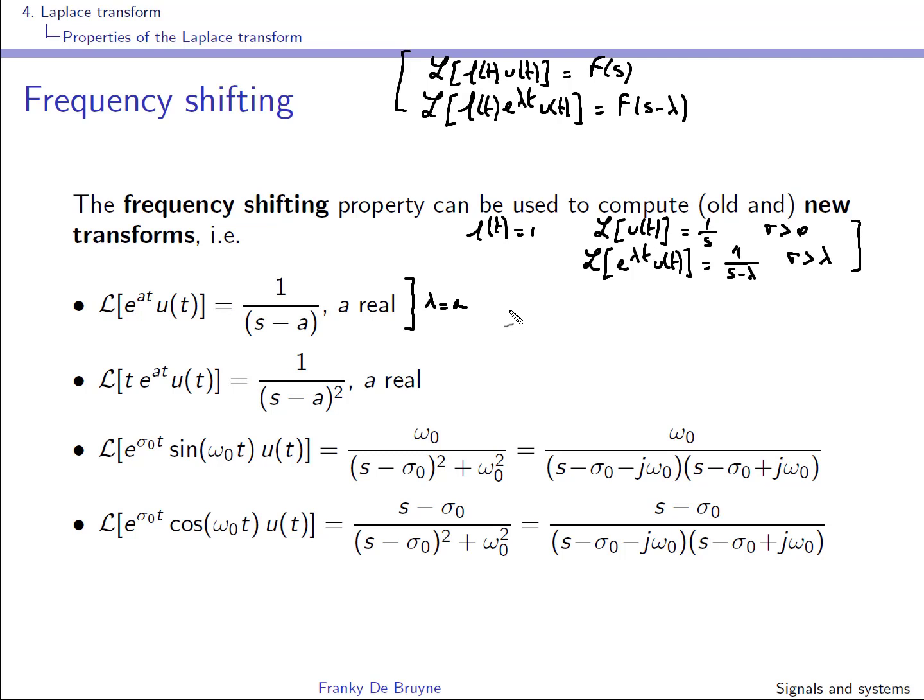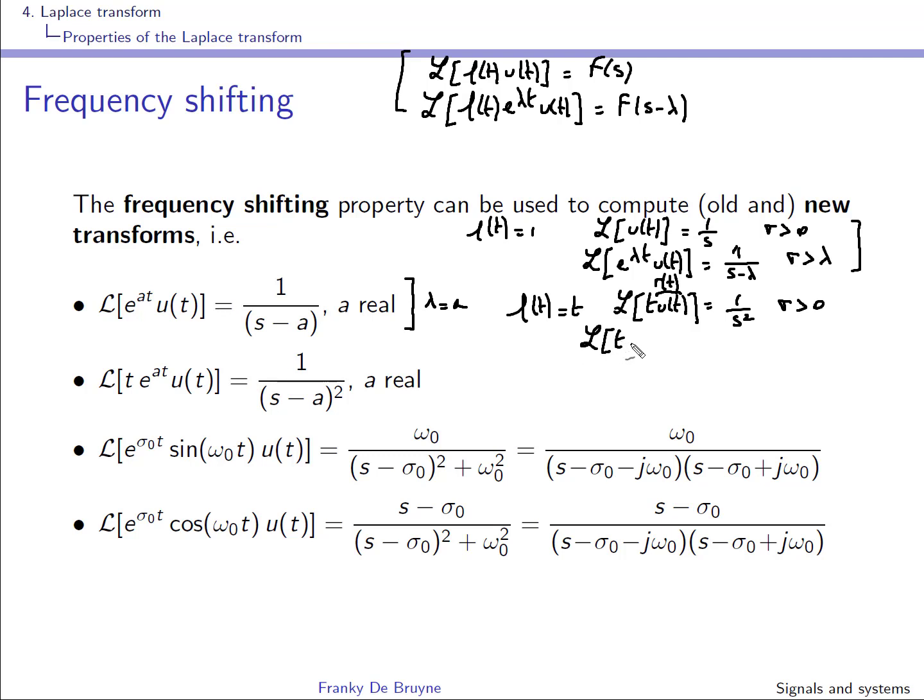Let us now consider f of t equal to t. Okay, so we have here the Laplace transform of t u of t. This is the ramp signal, right? And this is 1 over s squared, and again the region of convergence is sigma larger than 0. Let us now apply this frequency shifting property.